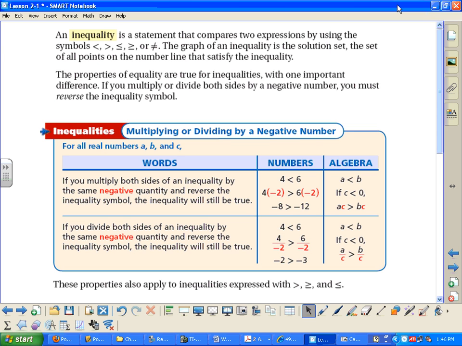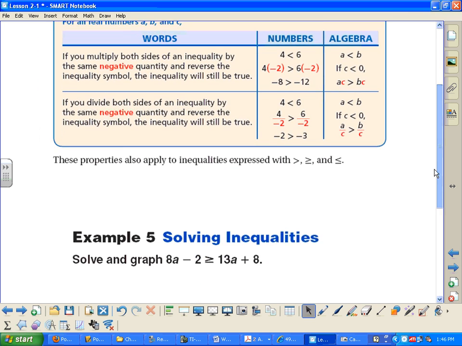All right, we also have inequalities. So when we do inequalities, we are going to graph our answer on a number line also. So what's the one thing I have to be careful of when I'm solving inequalities? There's one very important thing. Everything else is the same as when I'm solving equations except for what?